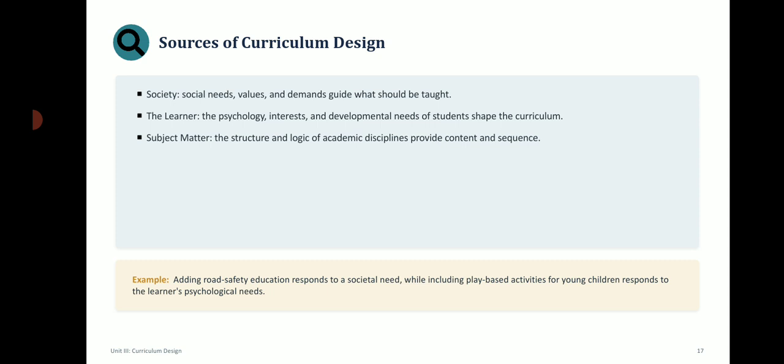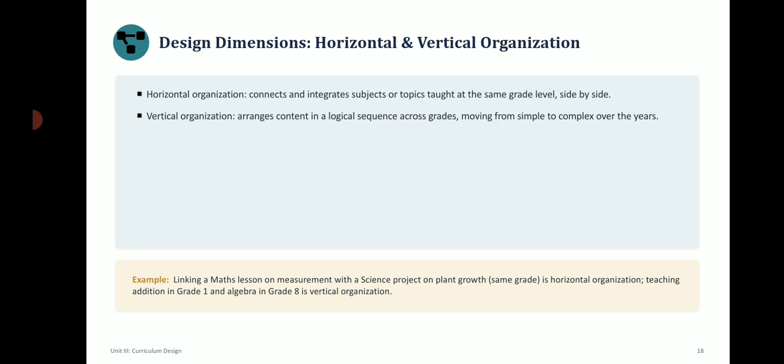So now, design dimensions. We do have the dimensions for curriculum design. One, horizontal and vertical organization of curriculum design. These are essential dimensions.